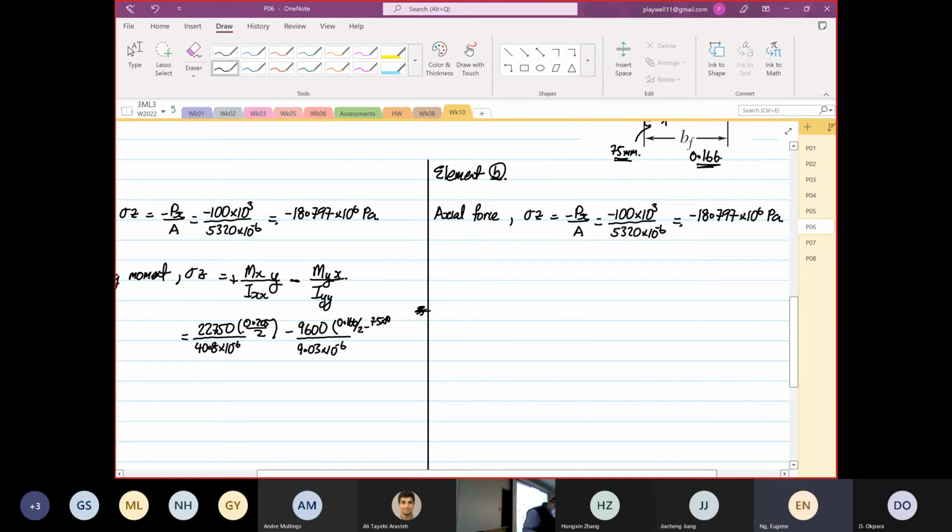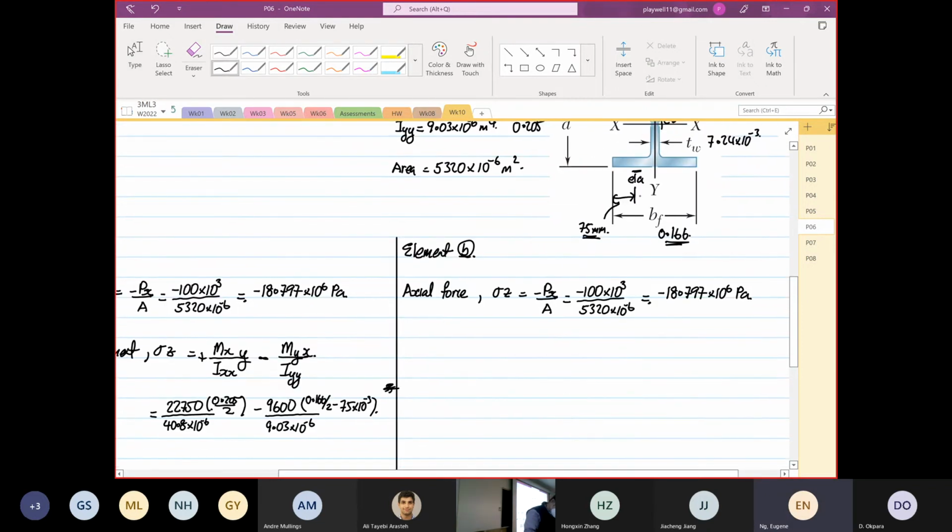Let me just cancel off. Minus 75 times 10 to the power minus 3, because we want to find the distance from here to here. So from here to there is 0.166 divided by 2 minus 75 times 10 to the power minus 3.